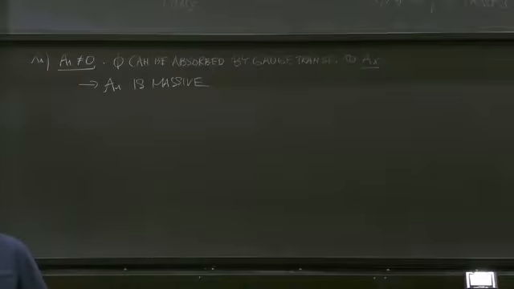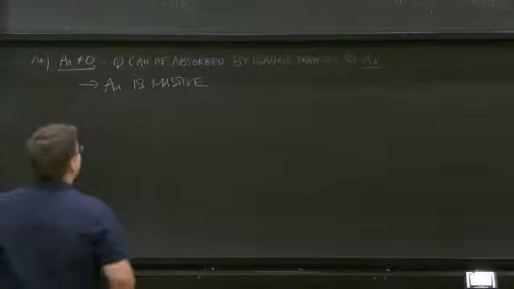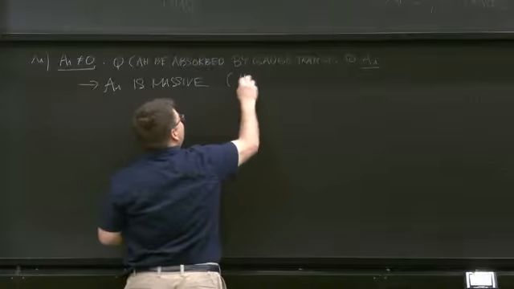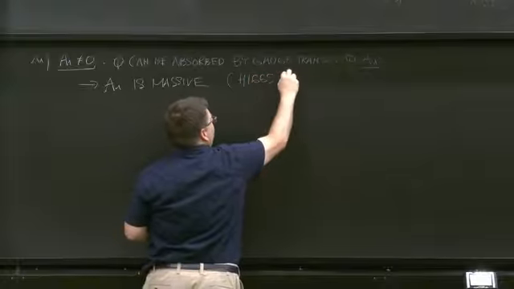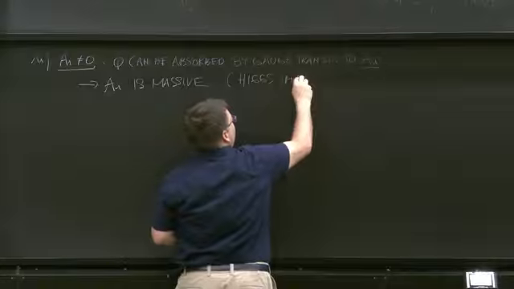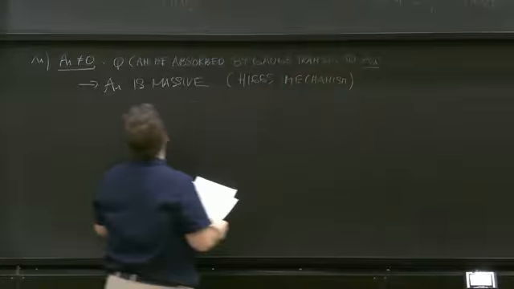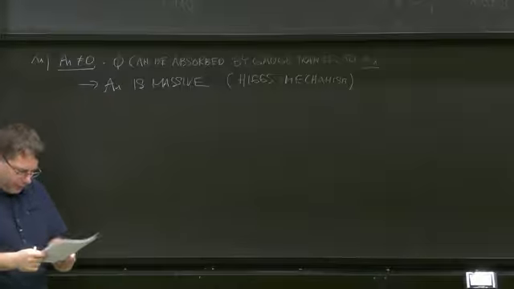And what we basically describe is just the Higgs mechanism. We have eaten our Goldstone boson, and then we have a massive vector field.